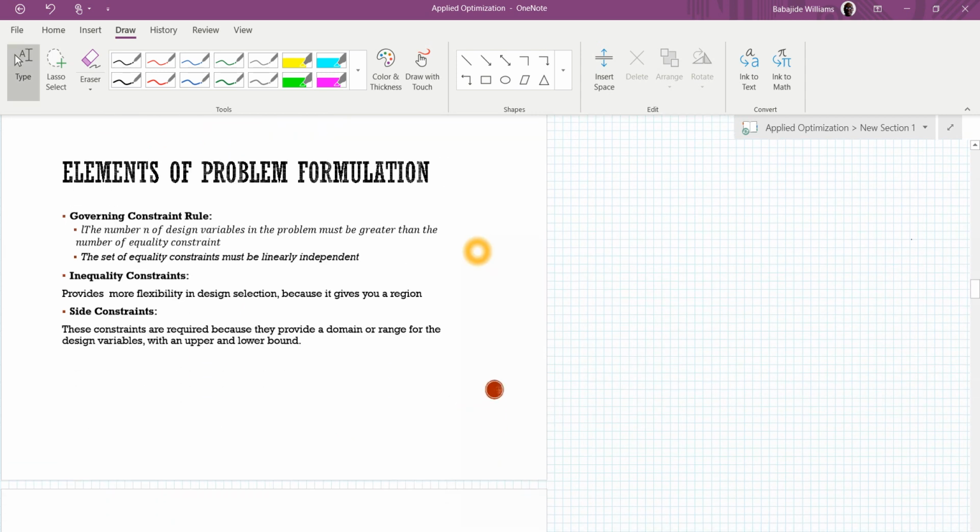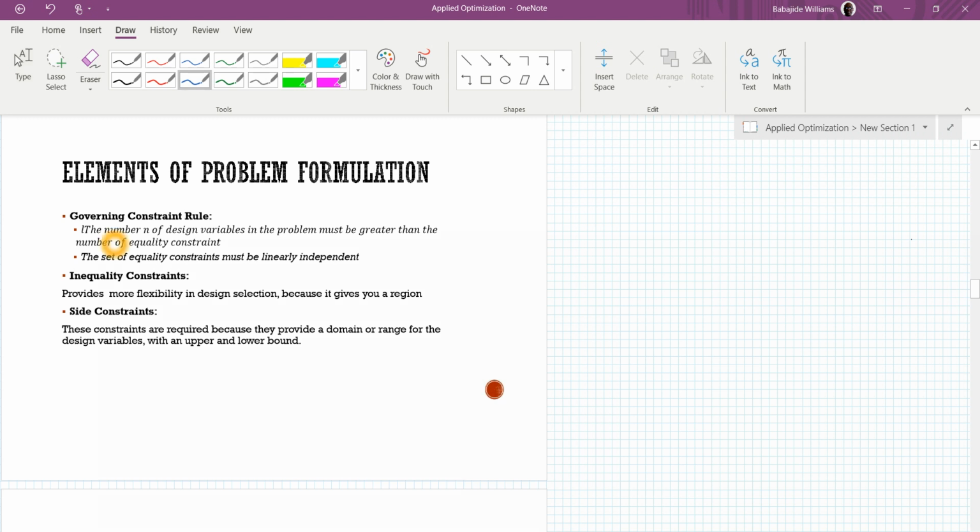Let's continue with elements of problem formulation. What are the governing rules of constraints? Practically, you have several of these equations.